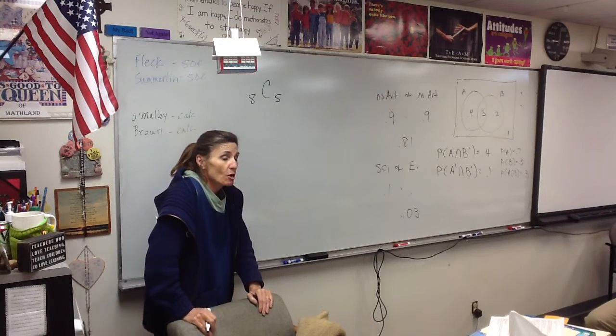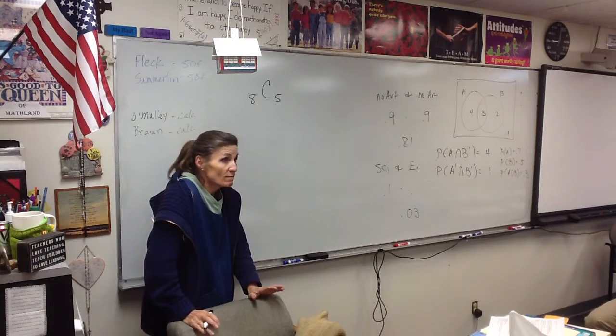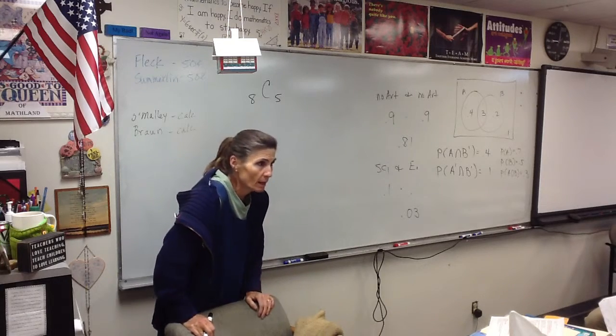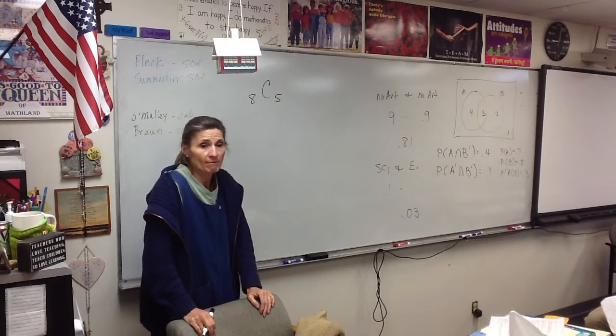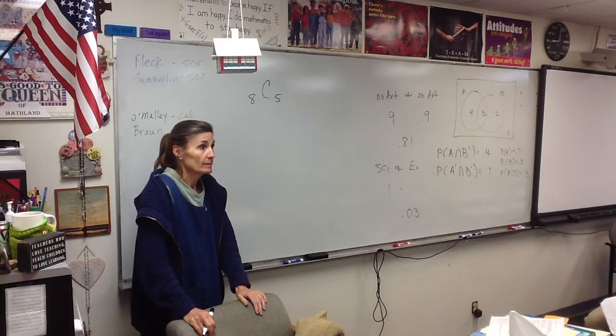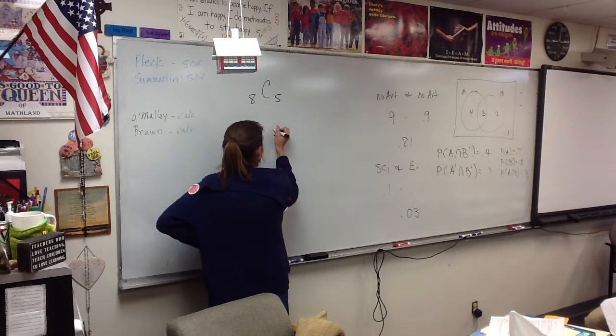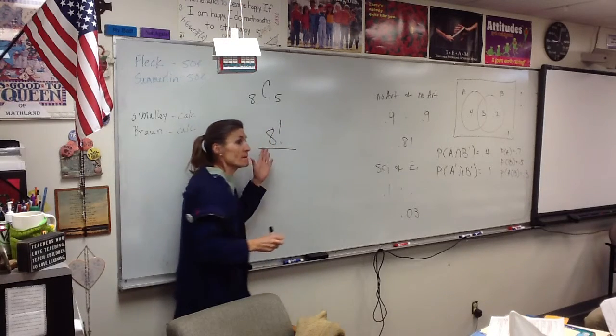Now, you need to know the formula for that, which we've talked about, and you should know. Who remembers the formula for 8C5? Jack? On the top, the numerator would be 8 factorial.